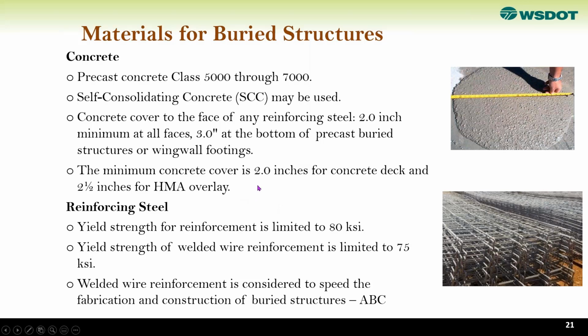The minimum concrete cover is 2 inches from the deck, or 2.5 inches when we're using an HMA overlay. These are for the cases where the top of the buried structure is exposed to roadway traffic and we have HMA on top of it.